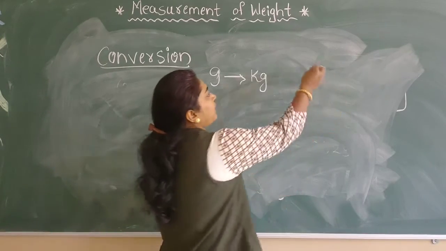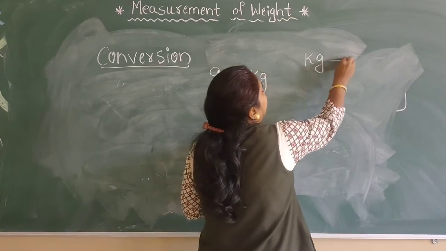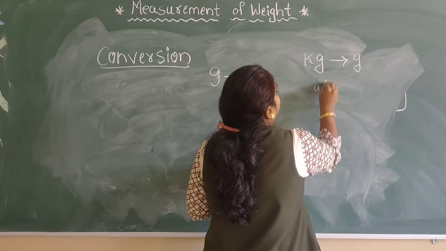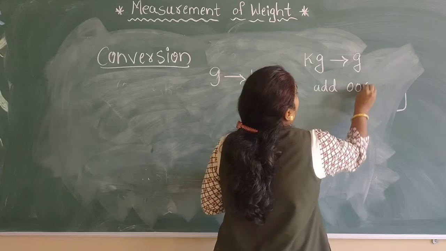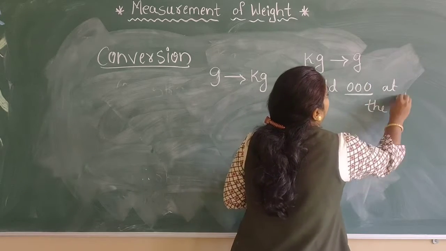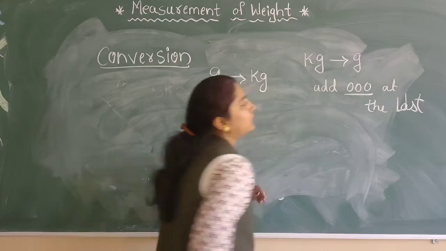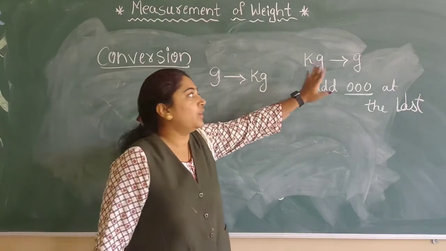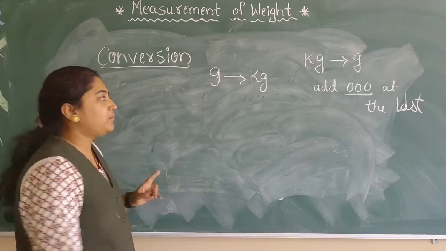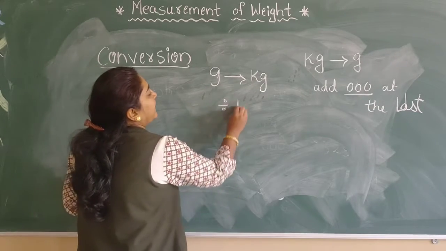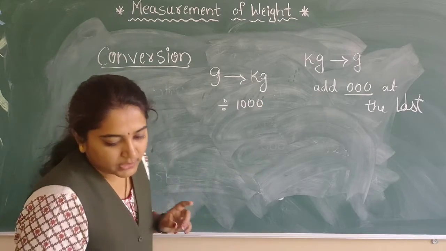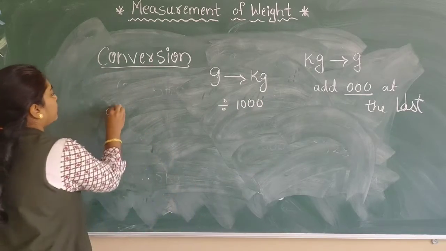See, now remember, from kg to gram, add 3 zeros at the last. While gram to kg, that time we have to divide by 1000. Divide by 1000. Example I will show you now.